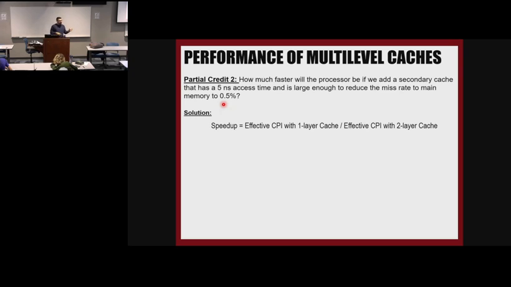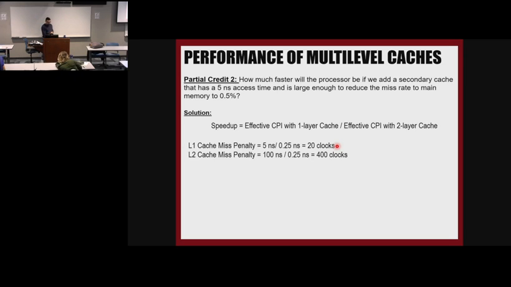So to find the speedup, we get the effective CPI of the system with 1 layer cache divided by the effective CPI for the system with 2 layer cache. Okay?